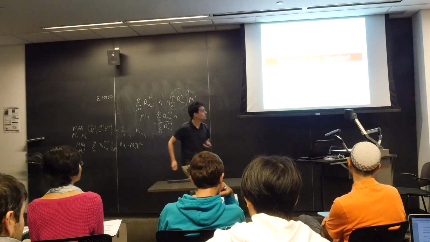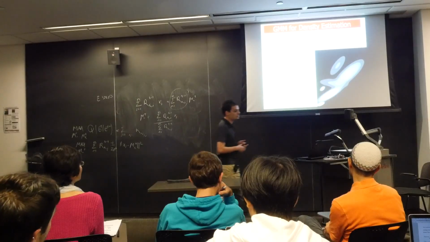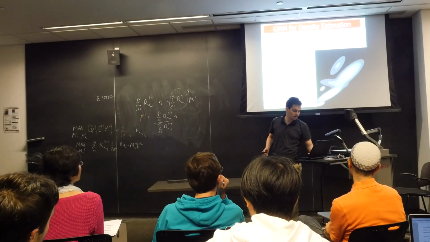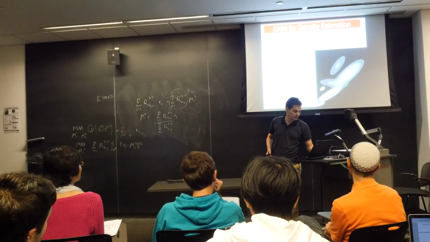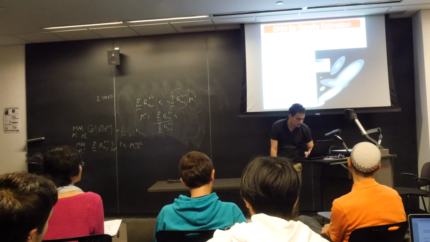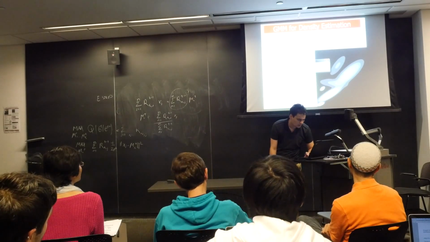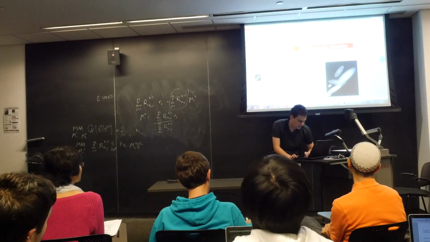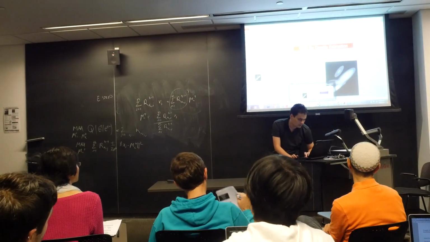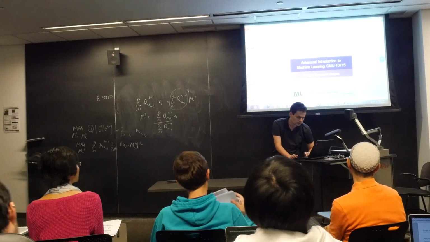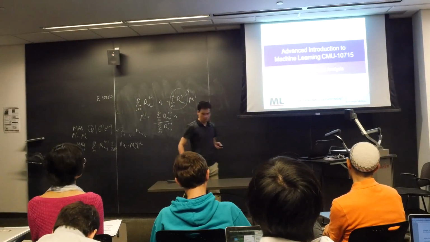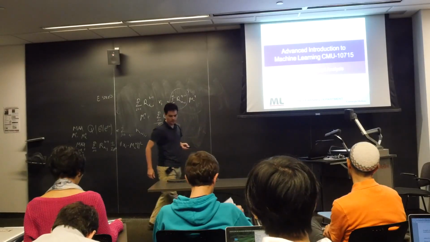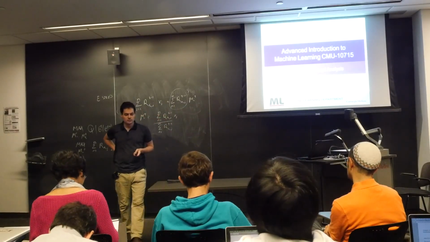All right. So let's continue with, so that's for the EM and mixture of Gaussians. Let's continue with another unsupervised learning technique, and that will be the principal component analysis. So here we will do something different.